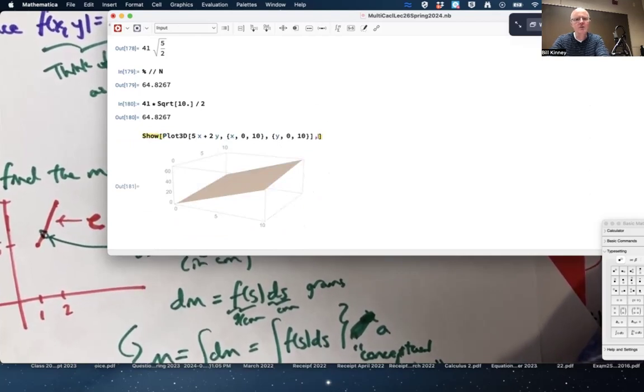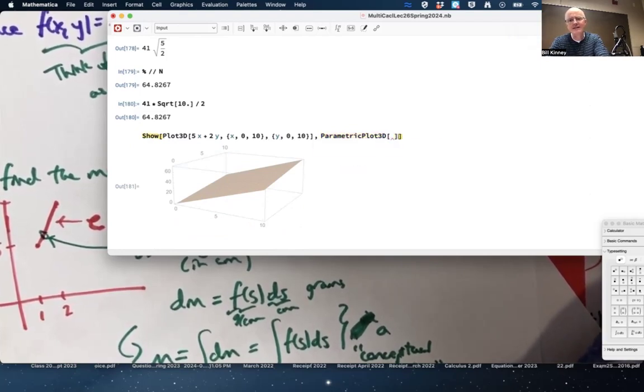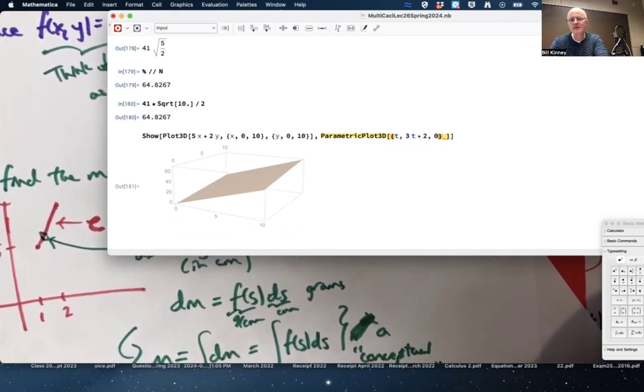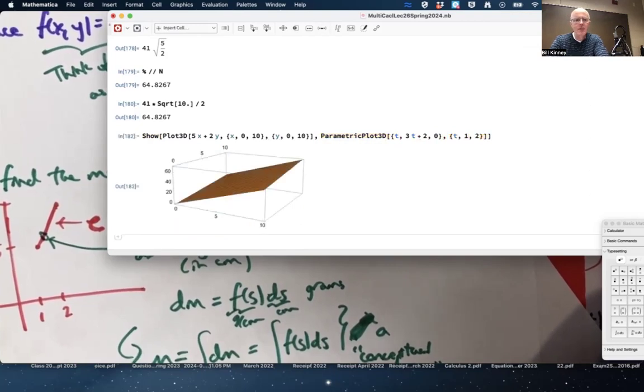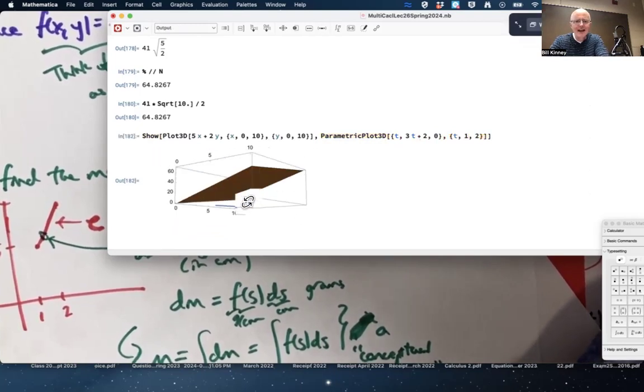I can add a parametric plot 3D, and parameterize that line in the xy plane as t, comma, 3t plus 2, comma, 0 for the z coordinate. t goes from 1 to 2. It's down there.